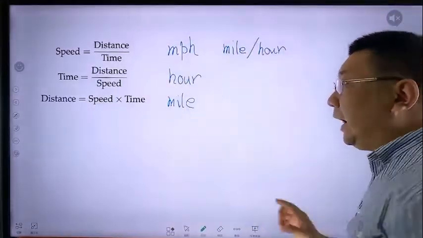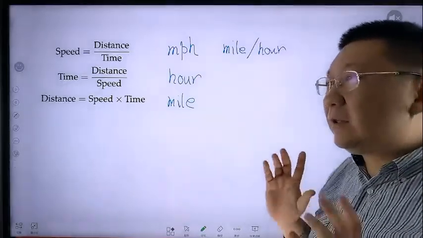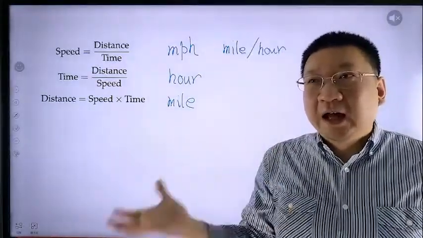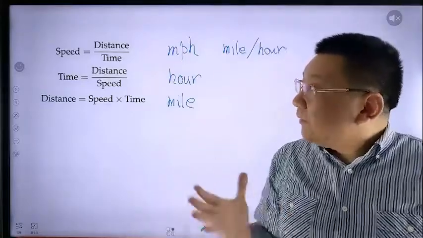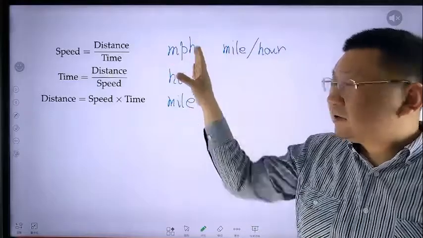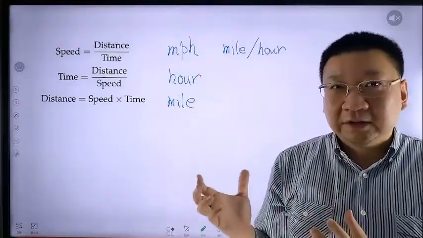So when you work on these things, sometimes weak students in mathematics will add up the speed with the time. But if you know that every number in this type of problem is associated with a unit, you can avoid such silly mistakes.